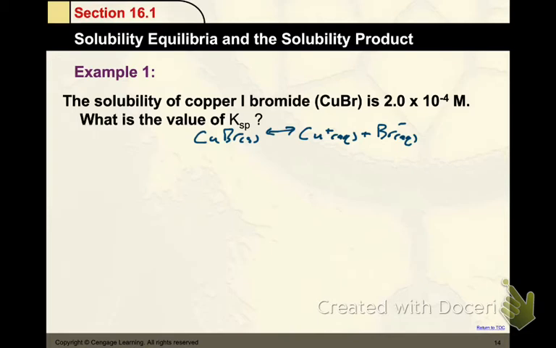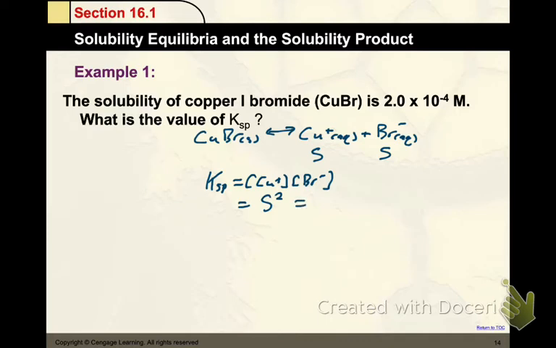So if we were writing S expressions of these, it would be S and S. So the Ksp is equal to the Cu+ times the Br-, which would be equal to S times S, or S squared.